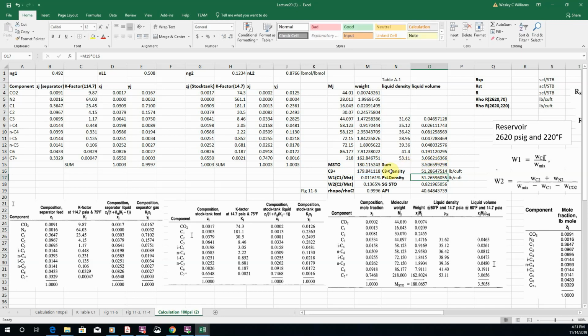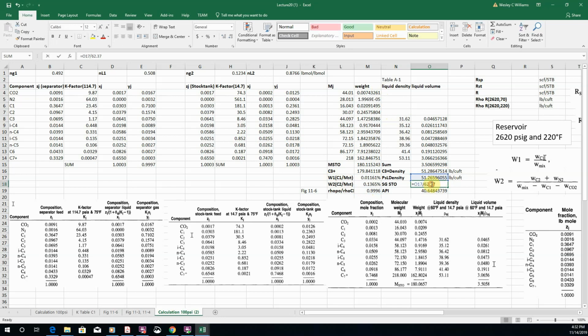That would be your propane plus density. And then we need to correct it. We correct it by multiplying it by that correction factor we found with these W values. So it's a small difference, but there is a difference. It's a little bit less dense because of these lighter fractions that you need to put in there.